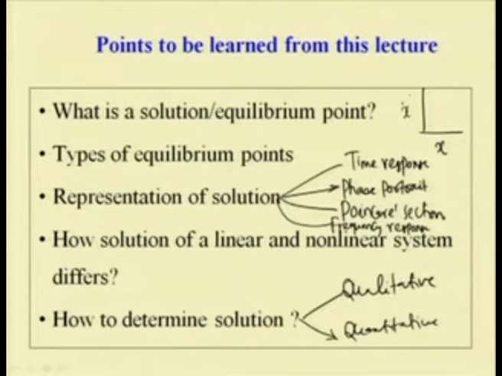In the Poincare section, we sample the time response at particular intervals of time, and taking those points we plot the Poincare section. Also, we can go for a frequency response or force response of the system to represent the solution.